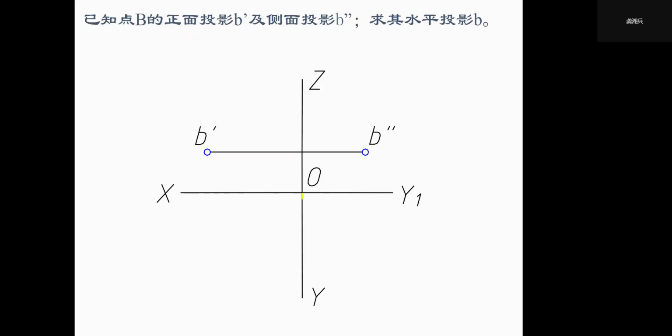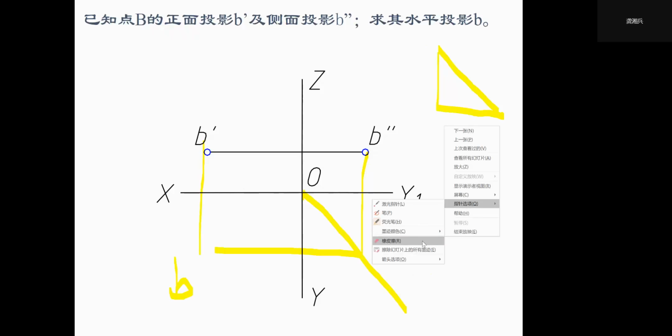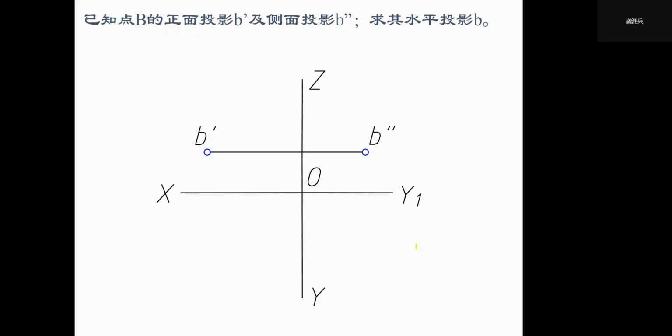So first you have your 45 angle ruler to get a line here. Then extend here. B dot. Yeah, you get the B. This is the B position. So this one we call the point projection law.